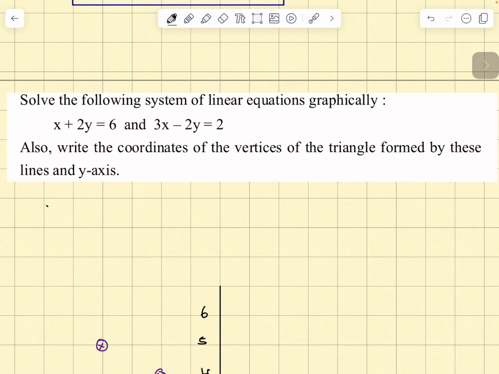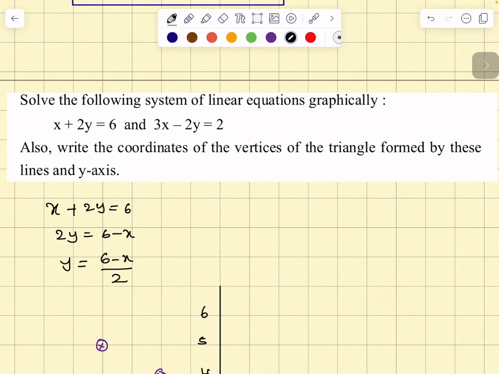For the first equation they gave, x plus 2y equal to 6, so 2y equal to 6 minus x and y equal to 6 minus x by 2. Now you see here we have the x coordinates and y coordinates. In the place of x, substitute minus 4, minus 2, 0, 2 and 4.